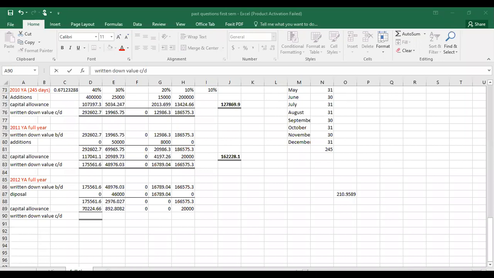So my written down value carried down is going to be equal to this minus that.